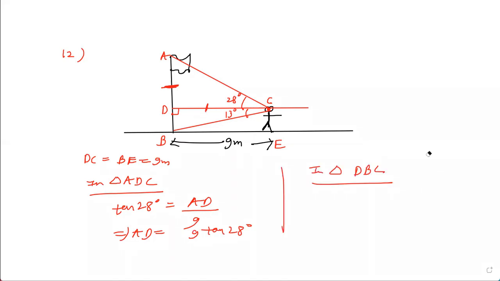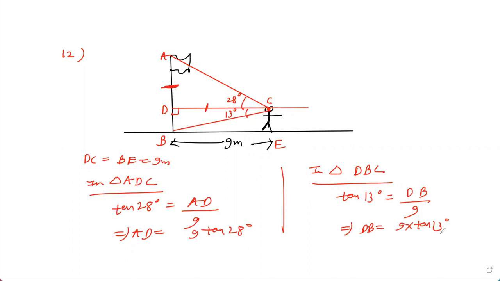Similarly, in triangle DBC, in the same way, tan 13 degree will be equal to DB by DC, which is 9. So that means DB is going to be 9 into tan 13 degree. Okay, so let us check the values of tan 28 and tan 13 from the table, and let's get these two values.